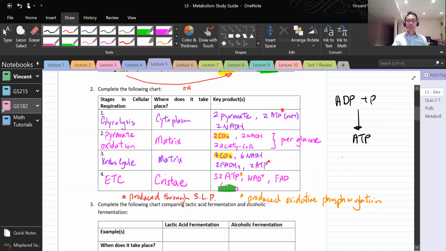How are we phosphorylating it? Are we phosphorylating it using an enzyme and a substrate and a donor? If we are, then it's called SLP. That happens in the first step and the third step. If we are phosphorylating ADP using oxidation reaction, then it is called oxidative phosphorylation, which is what's happening in the last step.